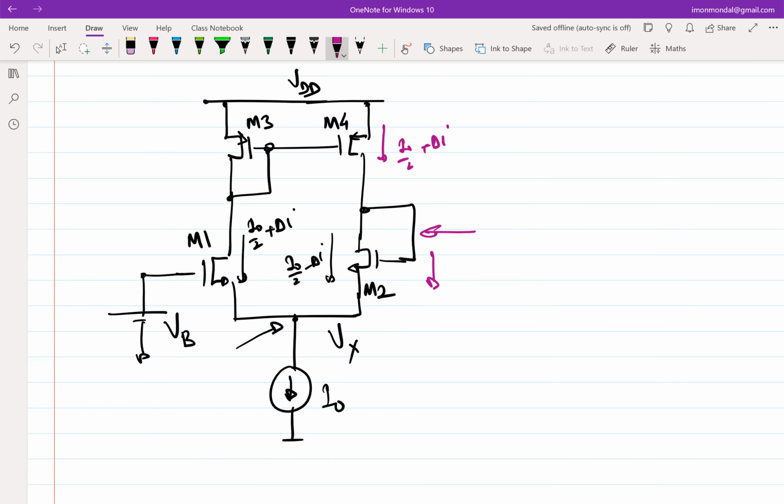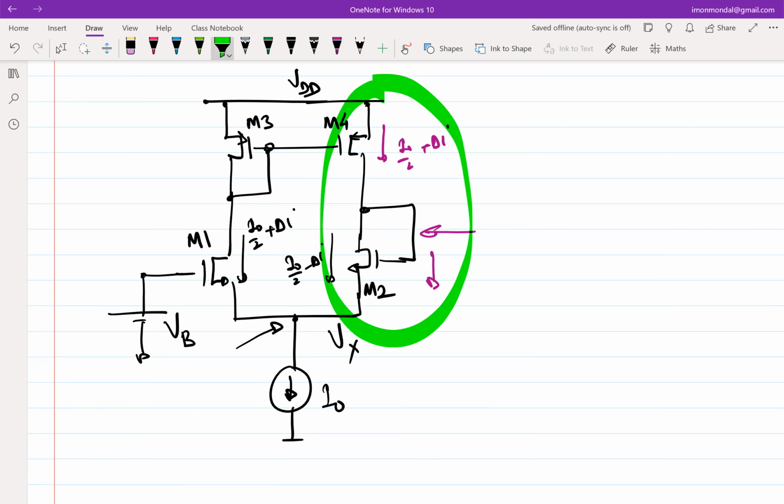You are correct that if I just take this into account and look into the source of M2, I should get infinite impedance because I have neglected GDS. I can put the GDS back and then make that argument.